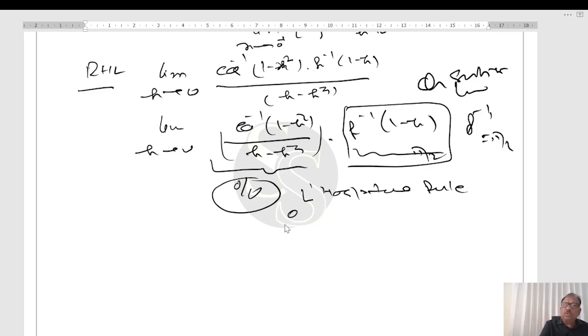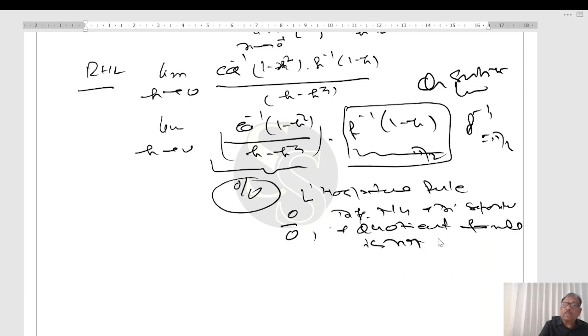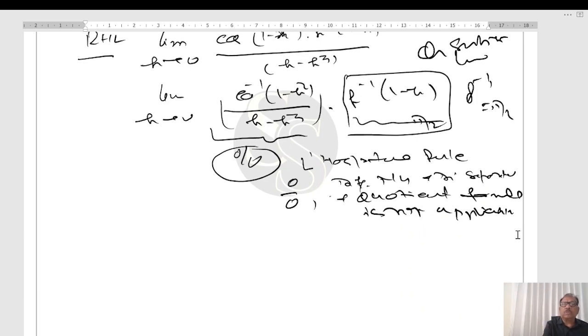If we get 0 by 0 form, then differentiate numerator and denominator separately, and the quotient formula is not applicable. Now apply L'Hospital rule in this case.